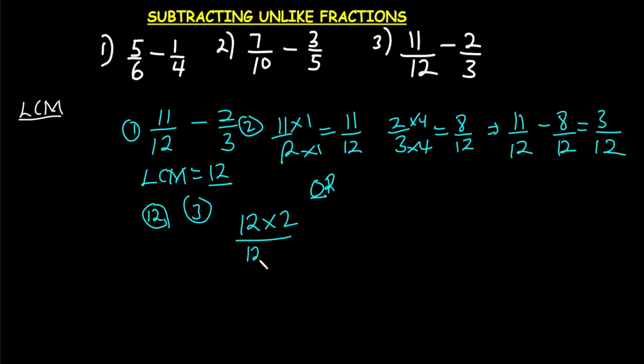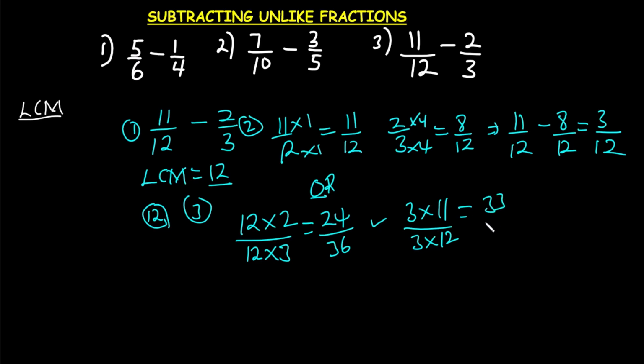So 12 times 2 and then 12 times 3. 12 times 2 gives me 24 and 12 times 3 gives me 36. Now I'm going to take the 3 to multiply the first fraction, so I get 3 times 11 over 3 times 12. 3 times 11 is 33 and 3 times 12 is 36.